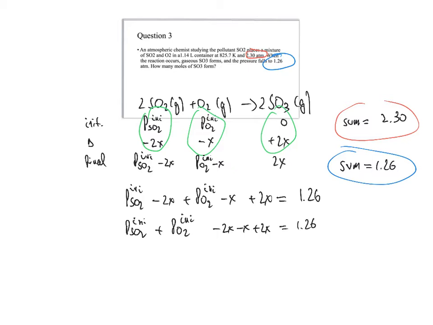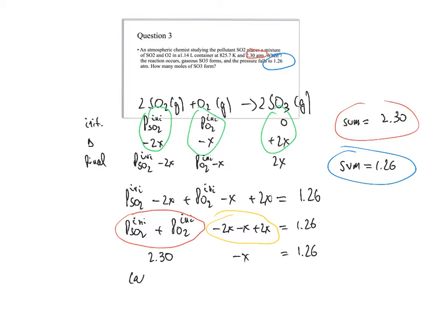And if you look, this here is the same as the sum of the initial pressures. So this is 2.3. Then these guys here summed up is just simply minus x, and this is 1.26.